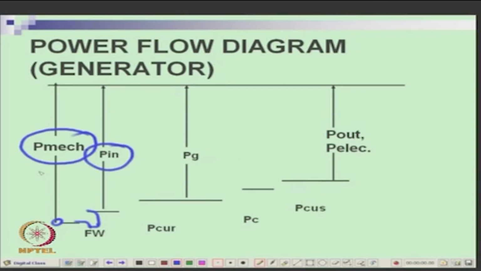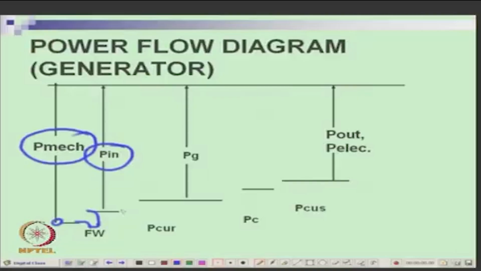Unlike in a load, this is the mechanical power which is fed into the shaft from a wind turbine or hydro turbine or any other turbine, or an engine. Then the power which gets into the shaft to the rotor, the rotor has its own losses, the rotor copper loss. So, rotor copper loss is taken out.